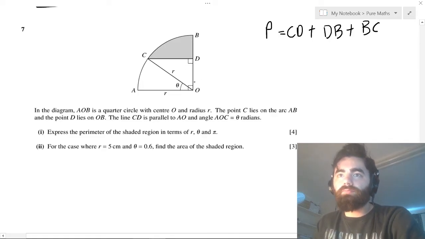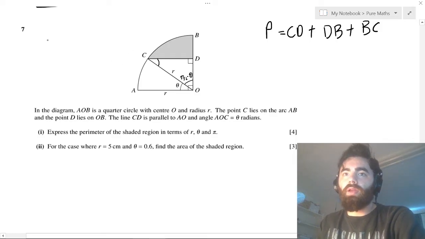Well, this angle here is going to be pi over 2 minus theta. So that means that these 3 angles have to sum up to 180.